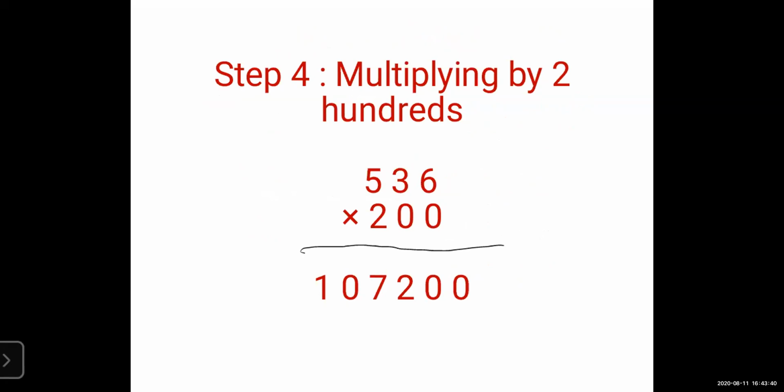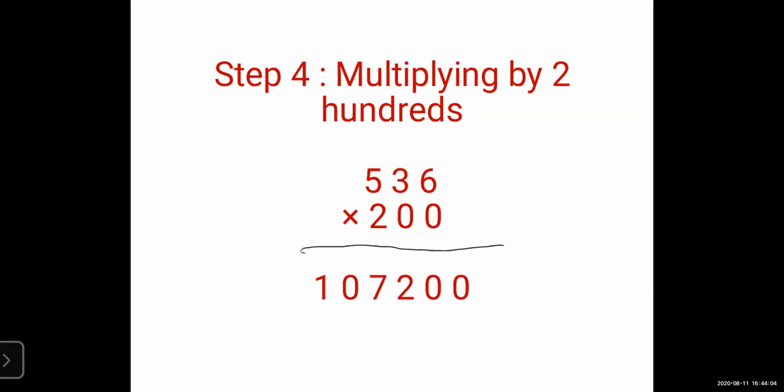So let's multiply. You know that 100 has 2 zeros. So always keep one thing in your mind, that before multiplying the hundreds place, give 2 zeros. Okay, so we have given 2 zeros here, because when you multiply any number by 0, the answer is always 0.